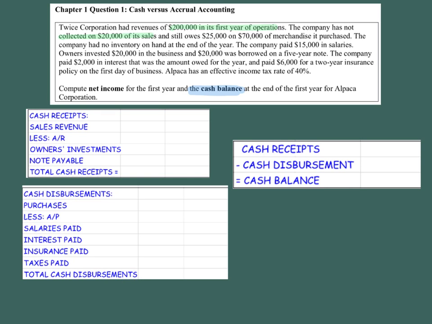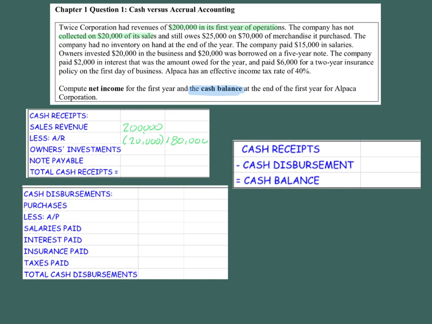So let me show you how we will record this. We're going to write $200,000 for sales revenue. And then we will subtract $20,000 of an accounts receivable because that's the amount we haven't collected. And that will give us our net of cash we've collected from sales revenue to be $180,000.